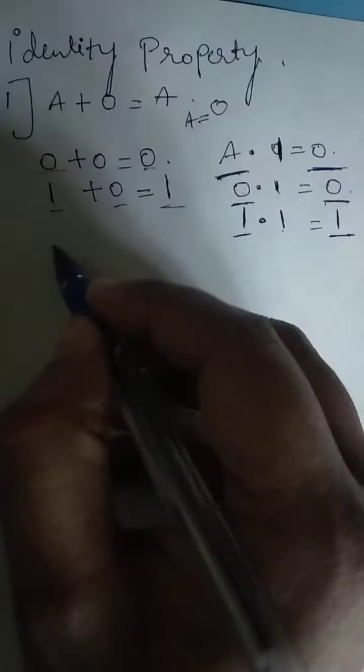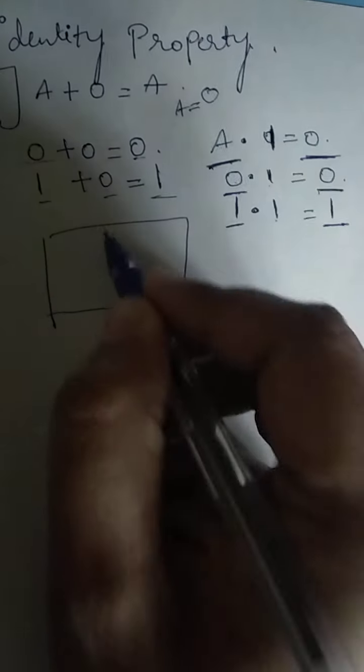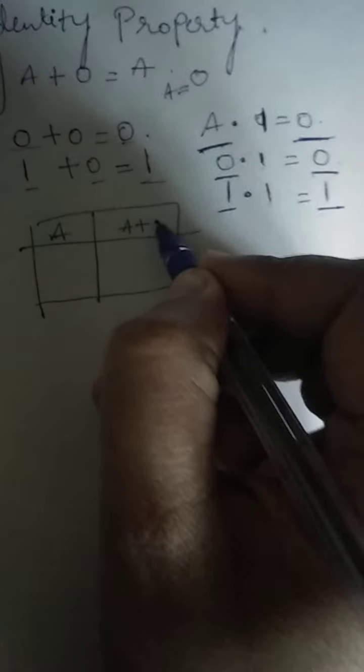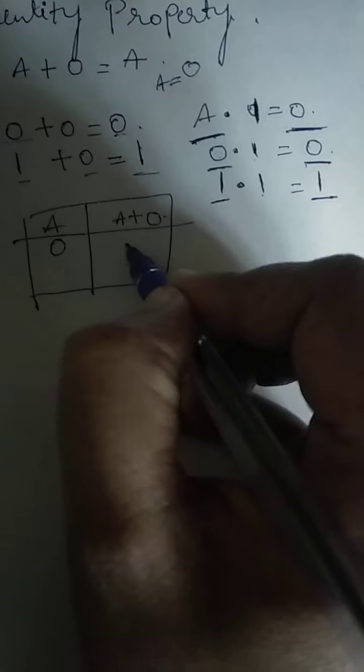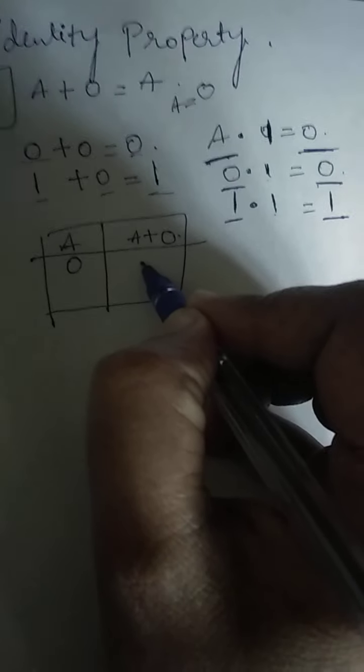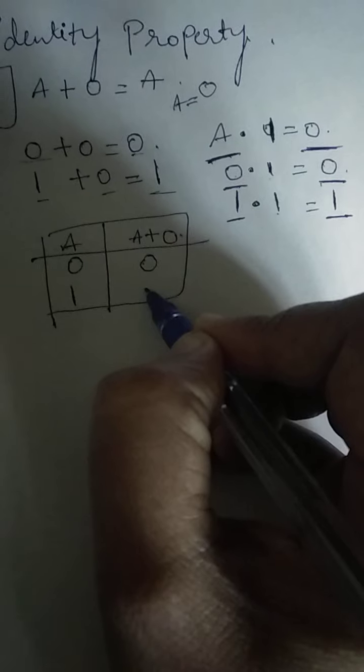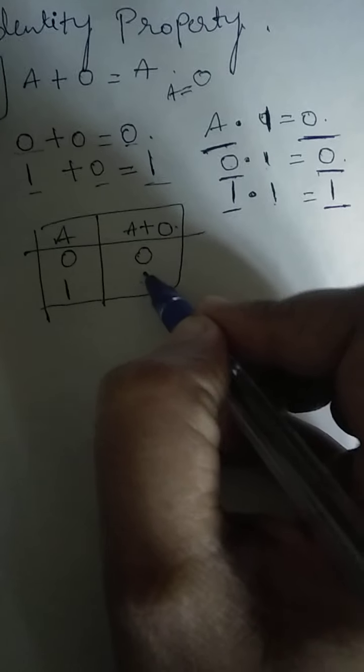So you can see the truth table for this expression. These are the a values and this is a plus 0. We are giving the value of a as 0, and we are getting the a plus 0 value as 0. If we give 1, then a plus 0 will be 1.